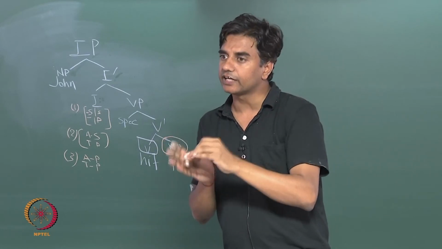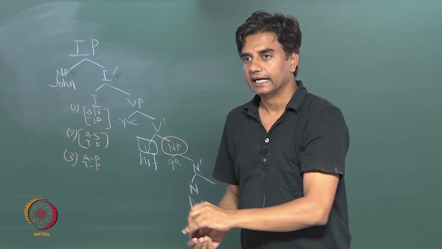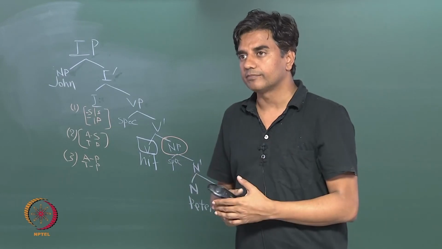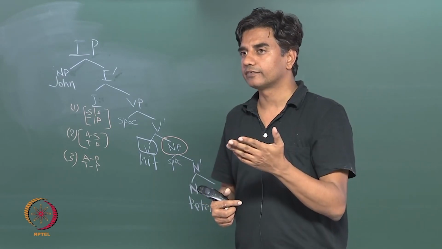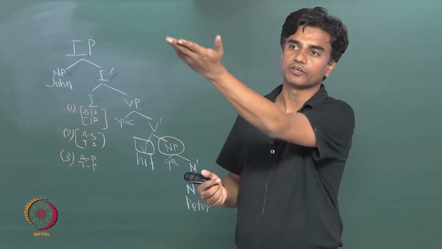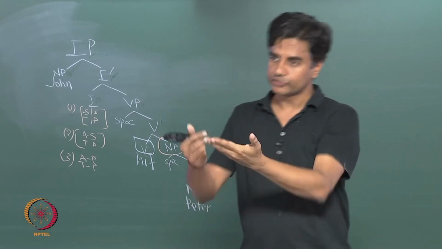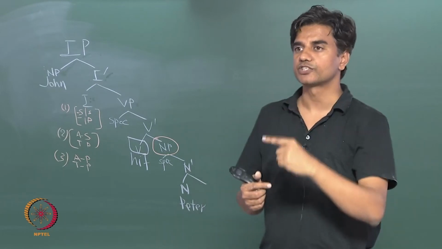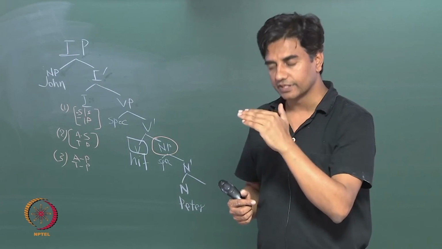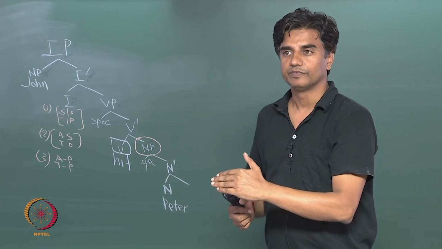And then it's clear to see that there is a functional layer and there is a lexical layer. And then the question comes up, where does the subject go in that case? How can a subject be part of the inflectional layer? It should be part of the lexical layer. And then I also talked to you that in such a situation, the proposal is that the subject of a sentence actually originates within the VP, right?